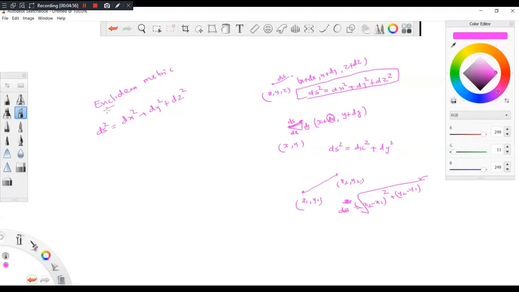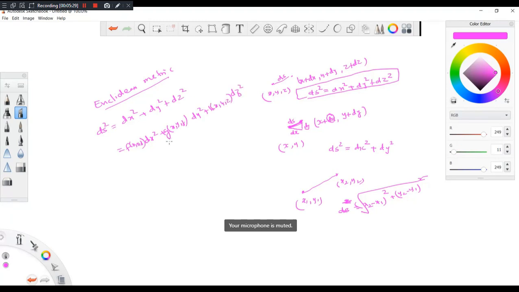Now can you imagine something? As a mathematician, this is not a special thing. Any mathematician can think of the coefficient of dx square as some function of x, y, and z, the coefficient of dy square as some function, maybe g of x, y, z, and the coefficient of dz square as some function, maybe h of x, y, z.